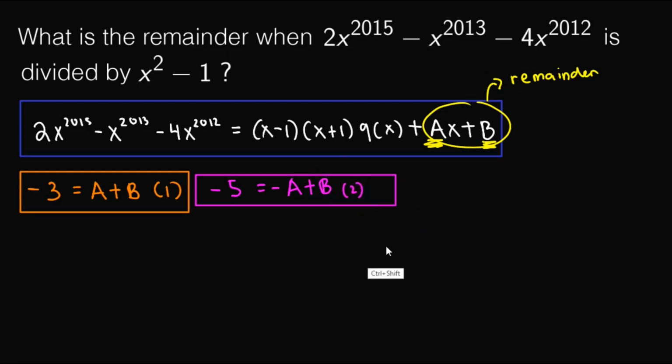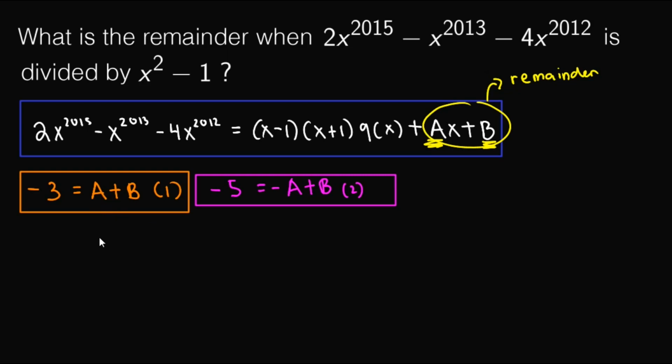There. So now that we have these two equations and two unknowns, we know that by systems of equations, we'll be able to solve this. So first, we can add these two, since we have negative a out here and a out here.